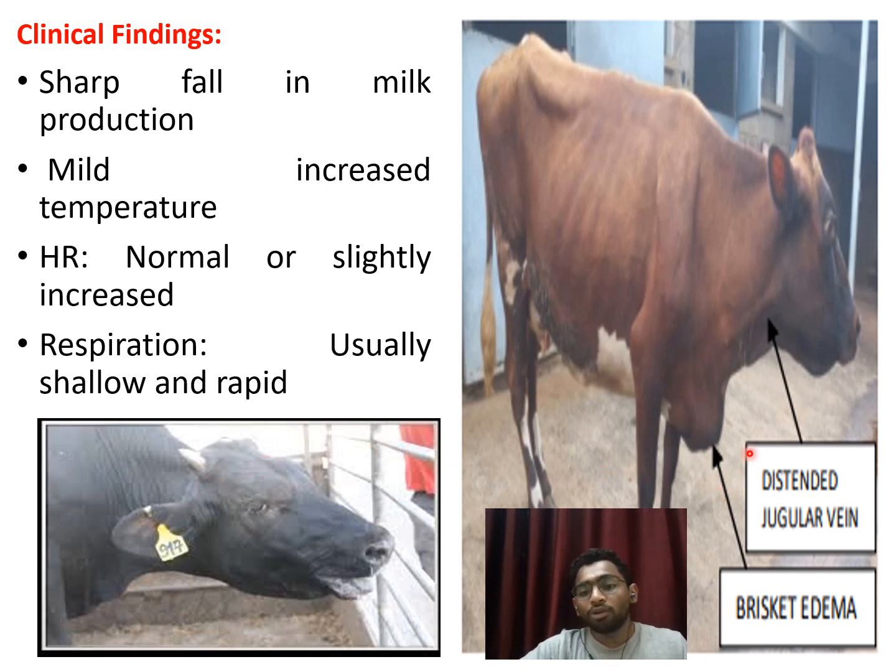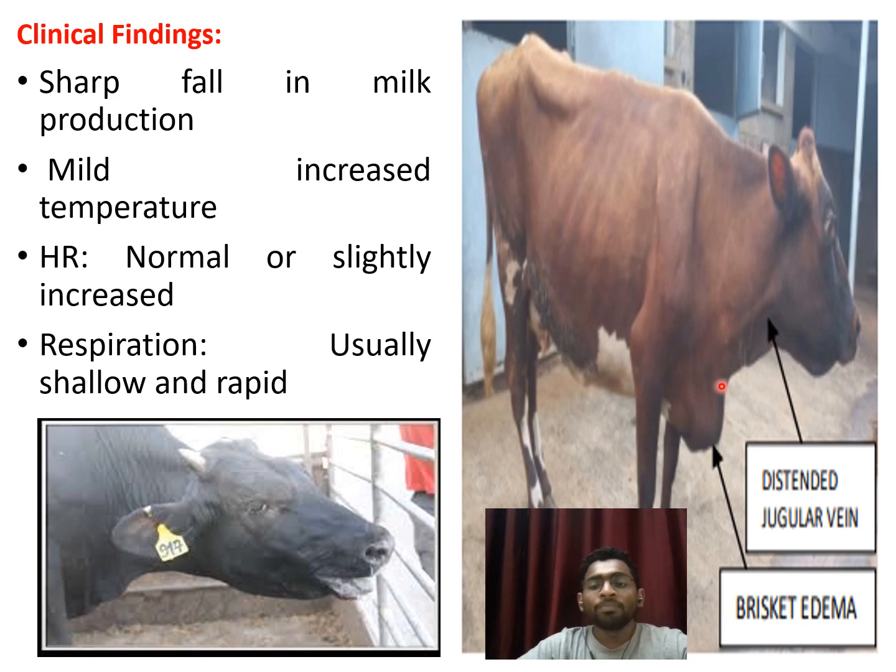And also one more thing: we know that this region is called the brisket. The contaminated fluid, which contains microbes, will accumulate in the brisket, causing brisket edema and also a distended jugular vein. So the jugular vein will also be distended.